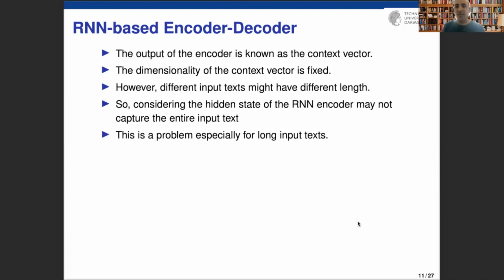Different input texts might have different lengths, so the hidden state of the RNN encoder may not capture the entire input text. Therefore, it's very difficult for the encoder to capture the whole information of especially long input sentences into a vector named context. So this is especially a problem for long input texts.